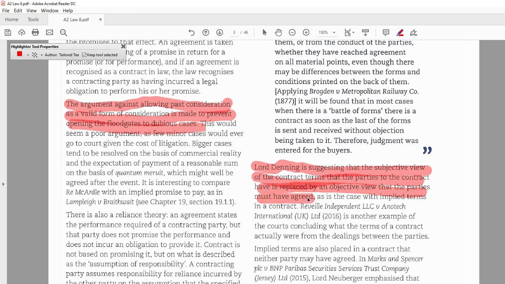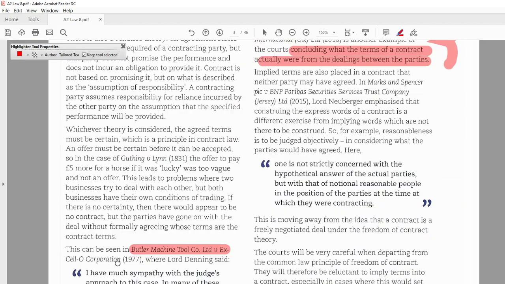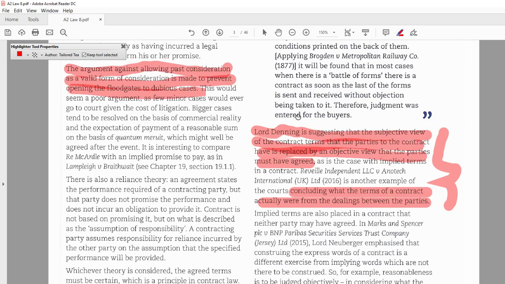This is an example of the courts concluding what the terms of the contract actually were from the dealings of the parties. Technically, you can use that and say, look, there is freedom of contract, but there are limits to that freedom of contract. You don't have to go through the details of this particular case. You just mention that case, mention Lord Denning, then say that there is a replacement of a subjective view by an objective view.